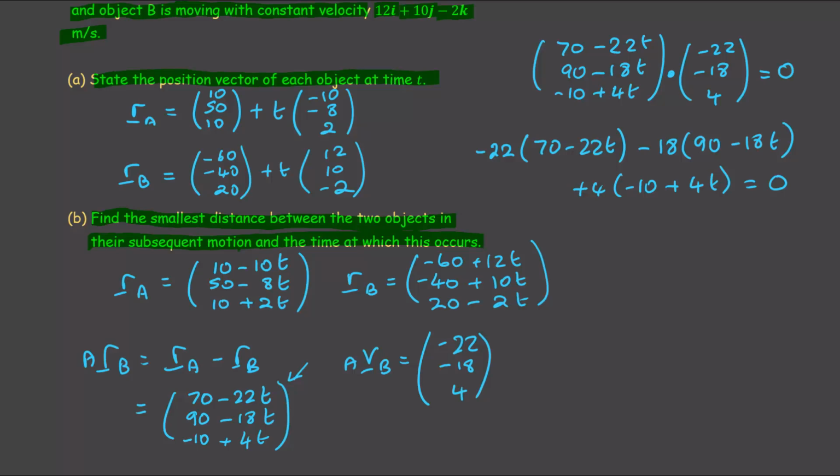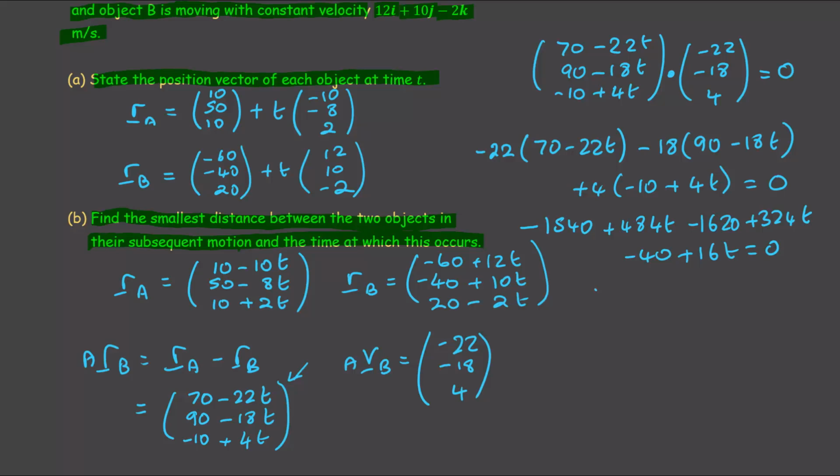So that gives us negative 1540 plus 484t, take away 1620 plus 324t, minus 40 plus 16t is equal to 0.